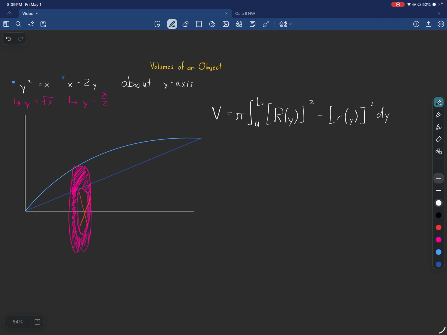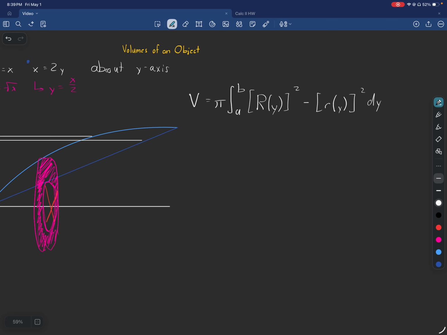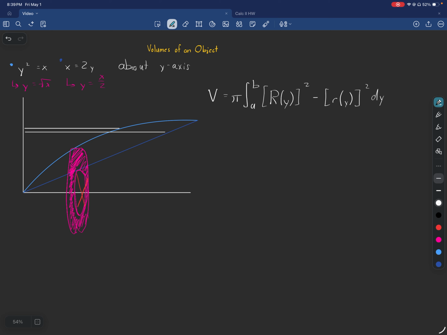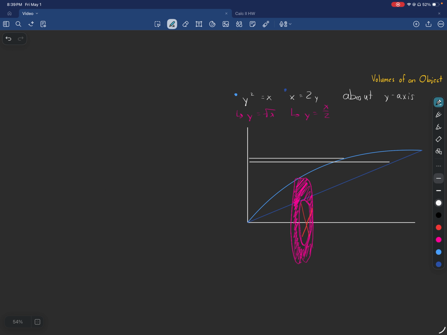So now we can determine which one will be our inner and outer. We see here, we have our inner, we have our outer. Then we can just, well, no, we can't plug anything in yet because we don't know our bounds. And let me change these as well, speaking of bounds, to be bounds for the y term.